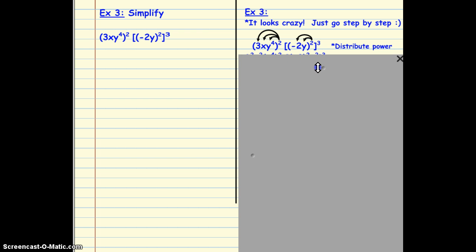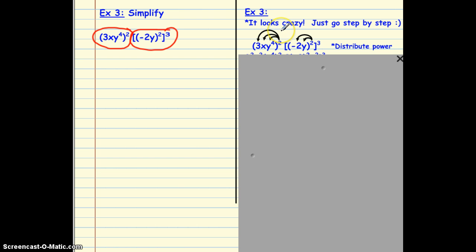So what we're going to do is let's just start with each part. We are going to take this part and treat it as kind of one problem to begin with. And we're going to take the part on the right and treat that as a separate problem for right now. Then we're going to combine them together at the end.